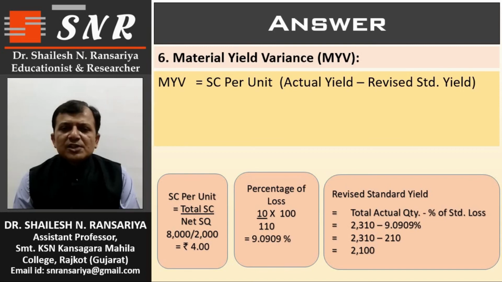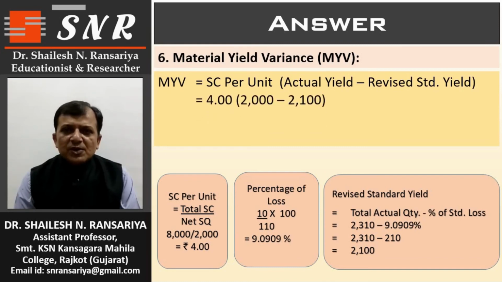So total actual quantity 2310 minus 9.0909 percent, so it is 2310 minus loss 210. So RSY is 2100 kilograms. Now MYV: SC per unit, it is 4 into bracket actual quantity, it is 2000 minus RSY 2100. So 4 multiply minus 100, it is minus 400 adverse.